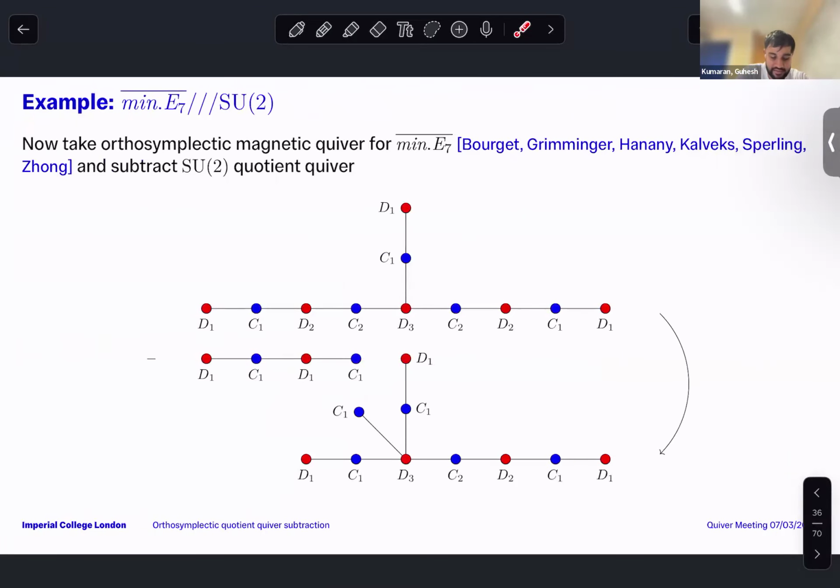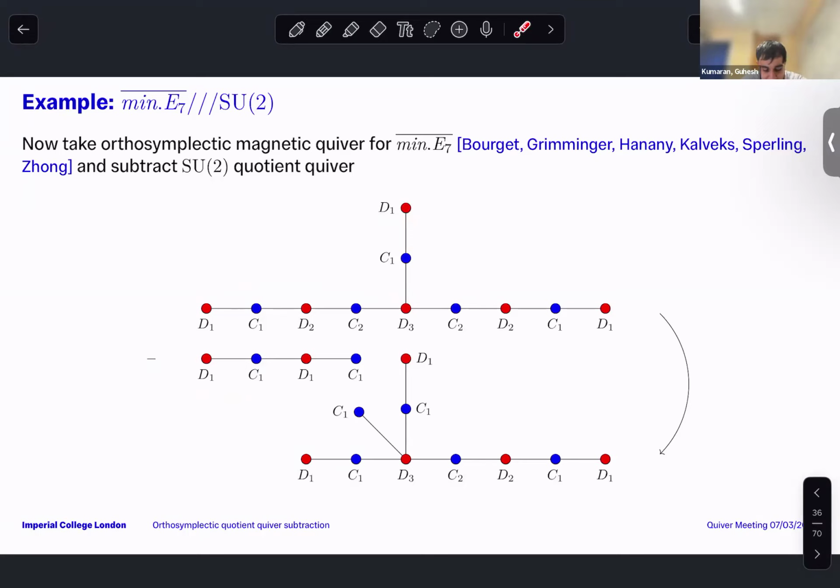But alternatively, I can take the orthosymplectic magnetic quiver for minimal E7, which takes this form, where I have this leg from D1 to D3, in fact D2, and D1 C1, and I take my SU2 quotient quiver, which was this D1 C1, D1 C1. So D1 minus D1 gives me nothing.